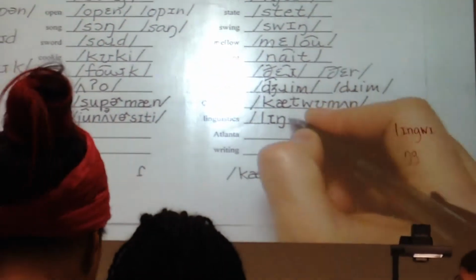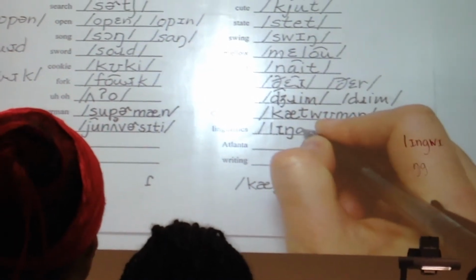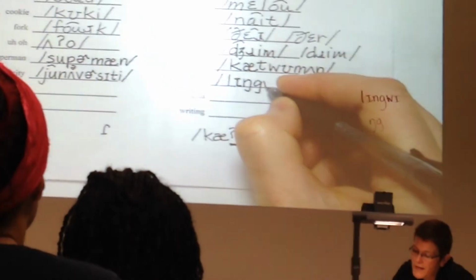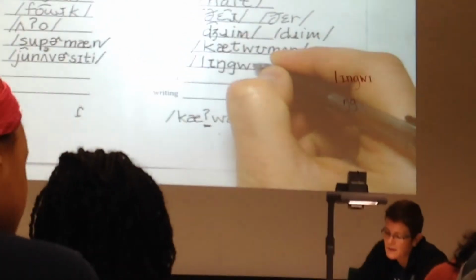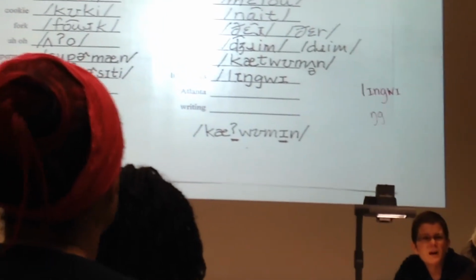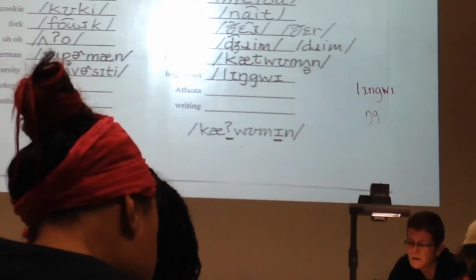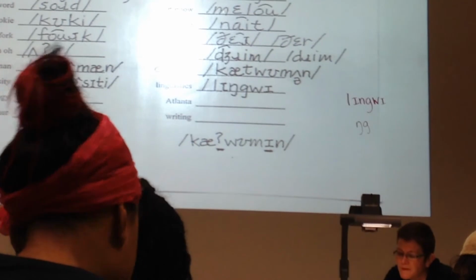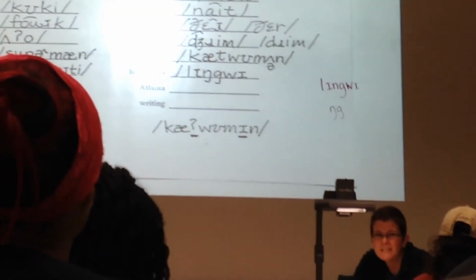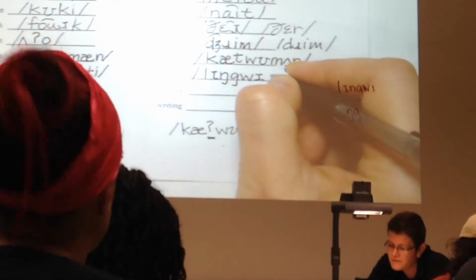So ling. I have a g here. Linguit. I have wit. Linguit. Are you with me so far? Yes. Okay, what's next? Linguist. That's the voiceless alveolar fricative.